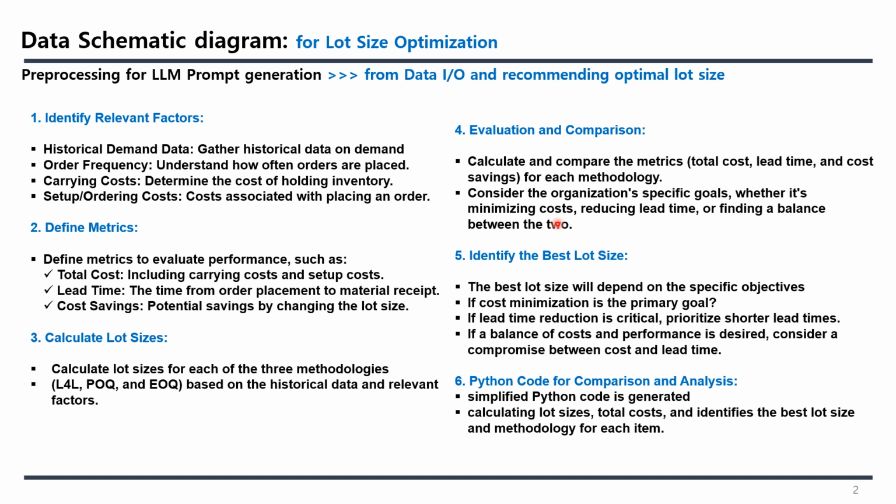So sometimes there is a need to identify the balance between the two. To identify the best lot size, we have to identify the primary goal: whether cost minimization is the primary goal, or lead time is the critical one. Once we set up the goals, we continue generating the Python code and then execute it.